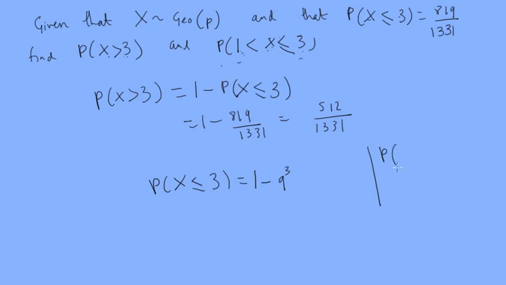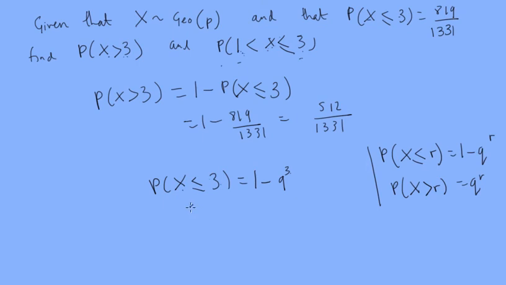We know the probability when x is less than or equal to r is 1 minus q to the power r. And we know the probability when x is greater than r is equal to q to the r. So the probability when x is less than or equal to 3 must be 1 minus q cubed.